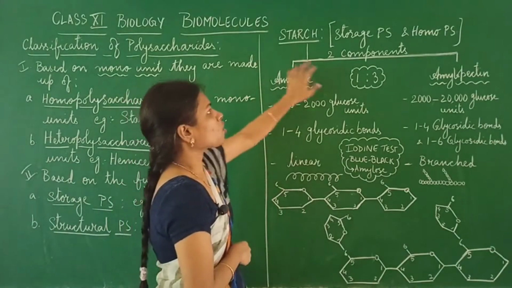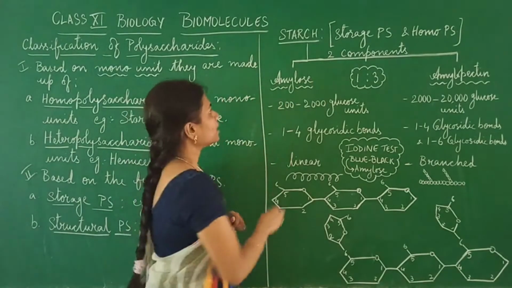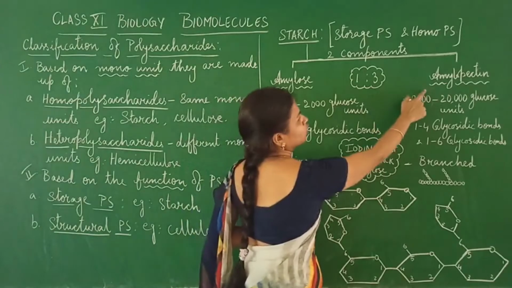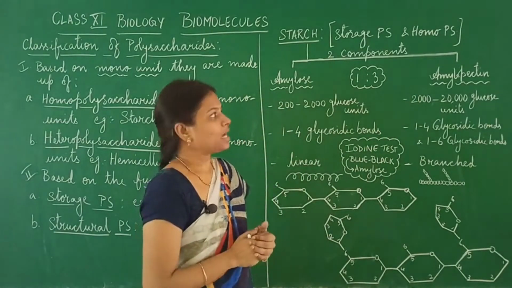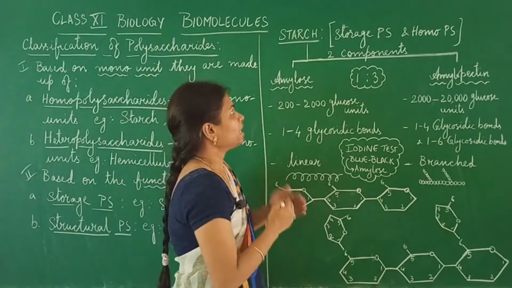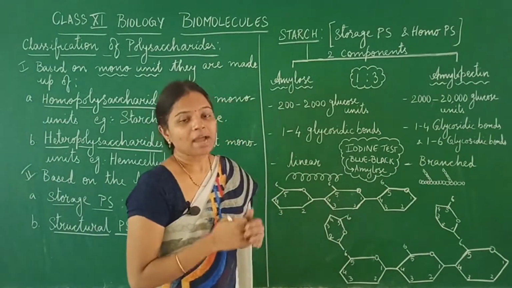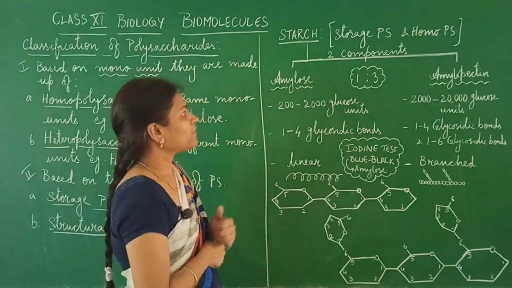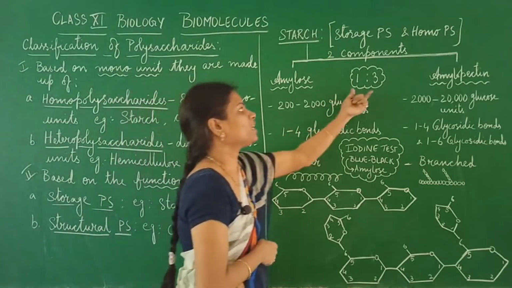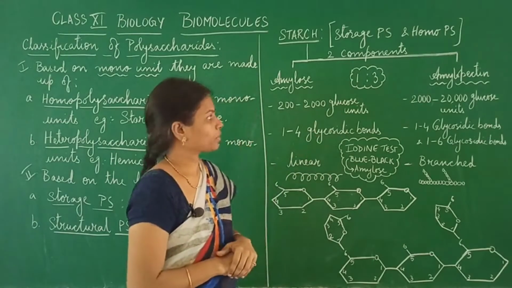Usually, starch has 2 components, amylose and amylopectin. They are available in the starch in 1:3 ratio.